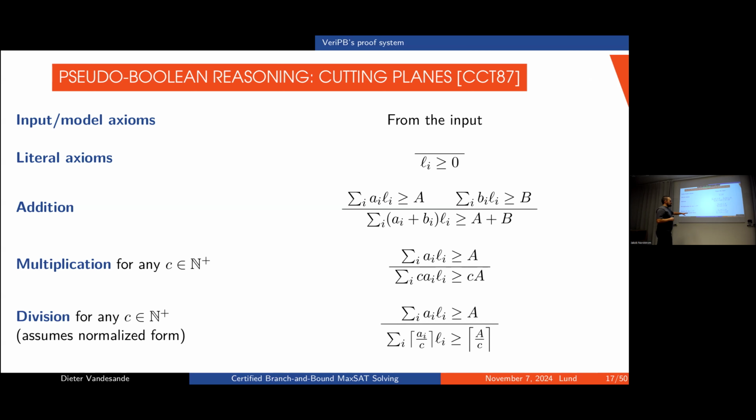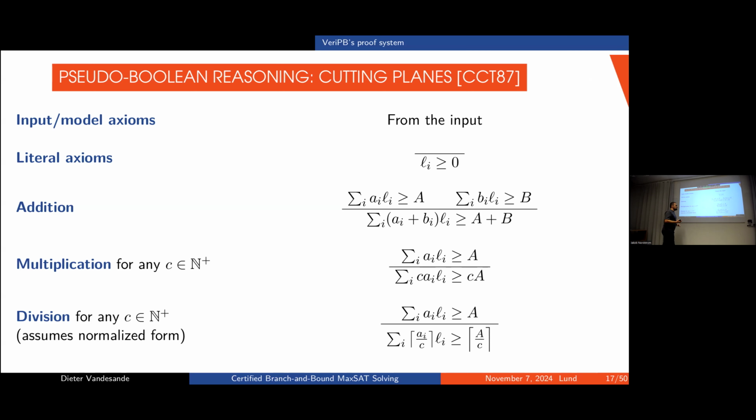If you have this constraint, then you can divide it by a natural number, and you can round up the coefficients and the right-hand side. To see that you can do this rounding up, think about the fact that you can add literal axioms until you can divide the coefficients by C. That's this rounding up.